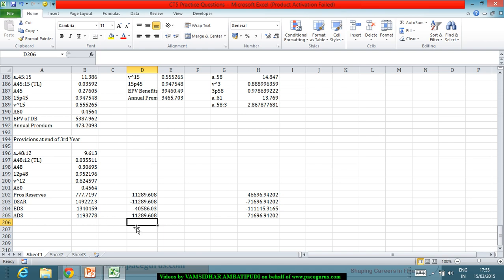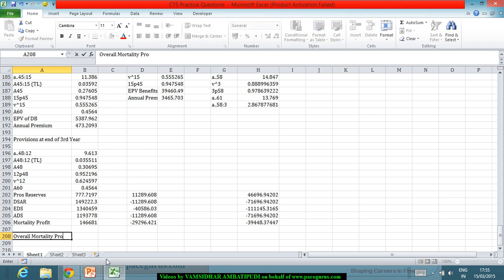So these are the actual death strains. From here I can find out the mortality profit, which is the expected death strain minus the actual death strain for each. So here there is a profit, whereas here there is a loss, and here also there is a loss.